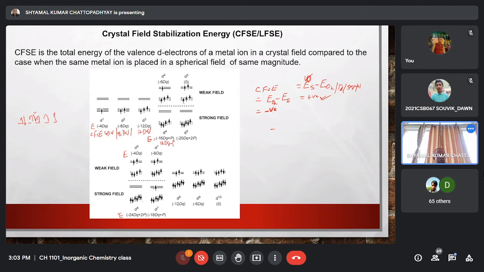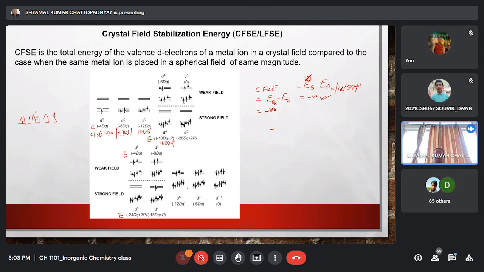Here there are 2 pairings, and in the spherical field also there were 2 pairings, so we have not added any pairing energy here. But in this case there are 3 pairings, while in the spherical field we have 2, so we have added 1 pairing energy. So the energy of the system is minus 18 Dq plus P, and the corresponding CFSE is plus 18 Dq minus P.